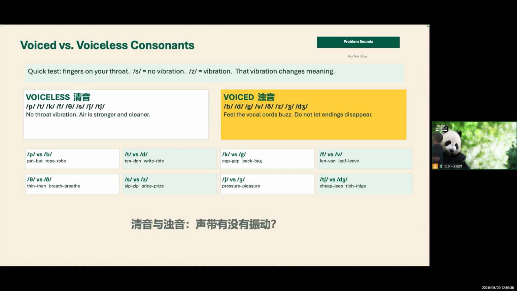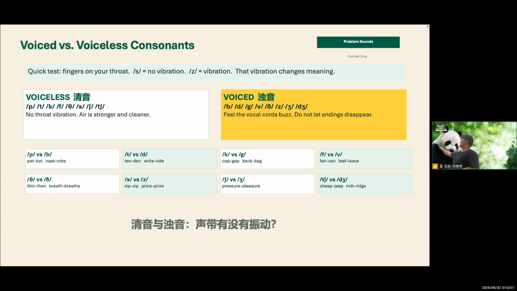So it's like P, T, K, F, TH, S, SH, CH. So when I say the word five, the F sound, there's no vibration, right? 没有震动. 那个震动 it comes from the I 的那个元音, the vowel.